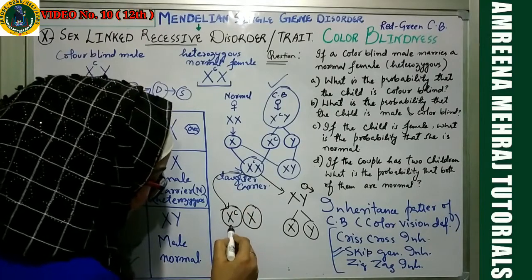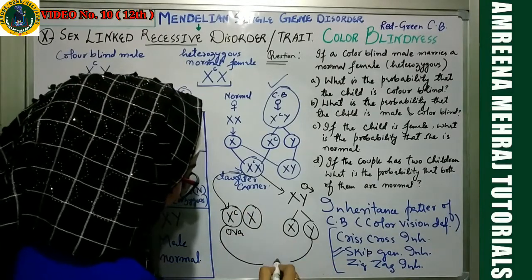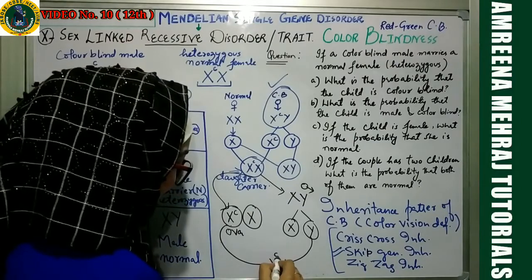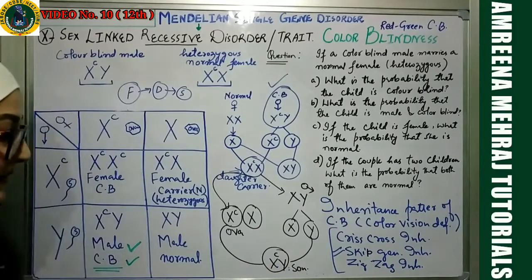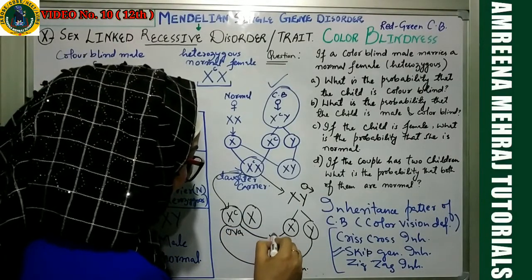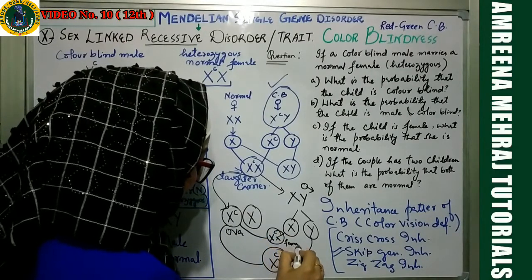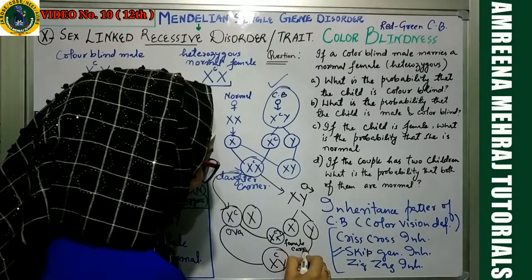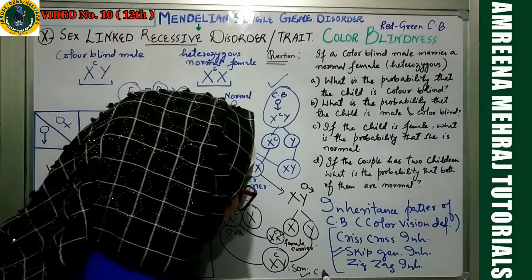If this ova fertilizes this Y, we will have XCY, and over here, the son will be affected. Suppose this ova fertilizes this X, again we will have XCX. We will have a female, but she will not be affected, she will be the carrier. Who will be affected? The son will develop the color blindness.